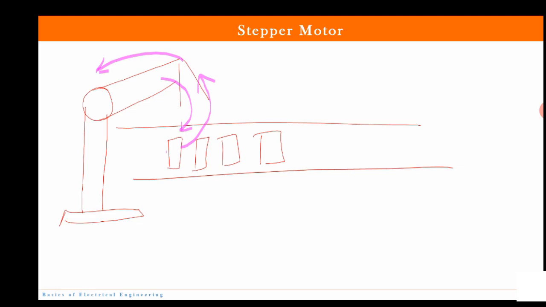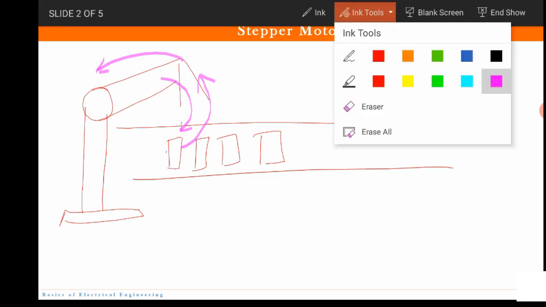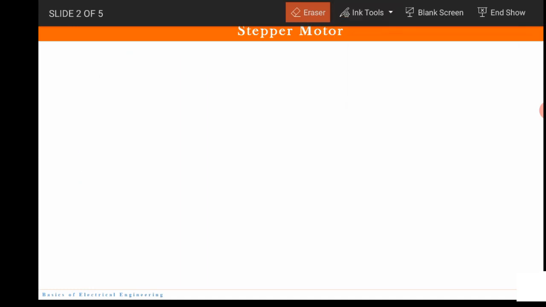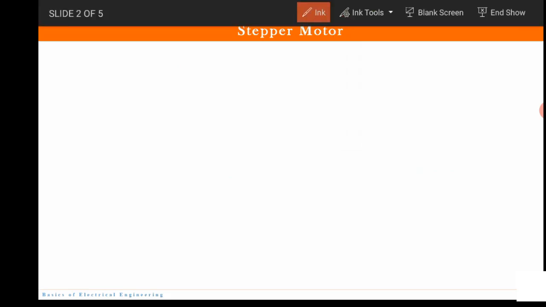We are going to discuss the types of stepper motor after this, but first I would like to share how it works, and later we will discuss various types, because you first have to understand how it operates.